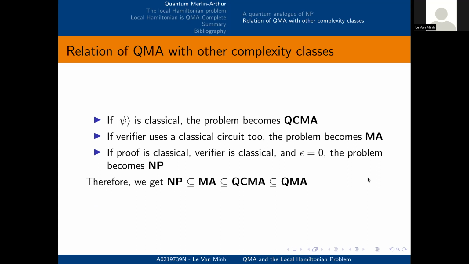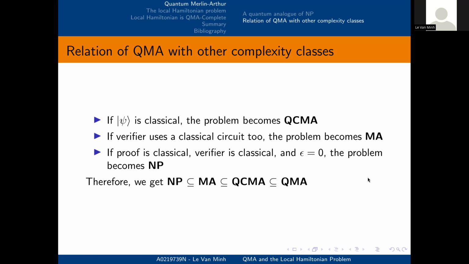Okay, and we can see that if psi, the witness state, is classical, the problem becomes QCMA, quantum classical Merlin-Arthur. And if we also force the verifier to use a classical circuit, the problem becomes Merlin-Arthur, because both the input and the circuit are no longer quantum, it's just classical.